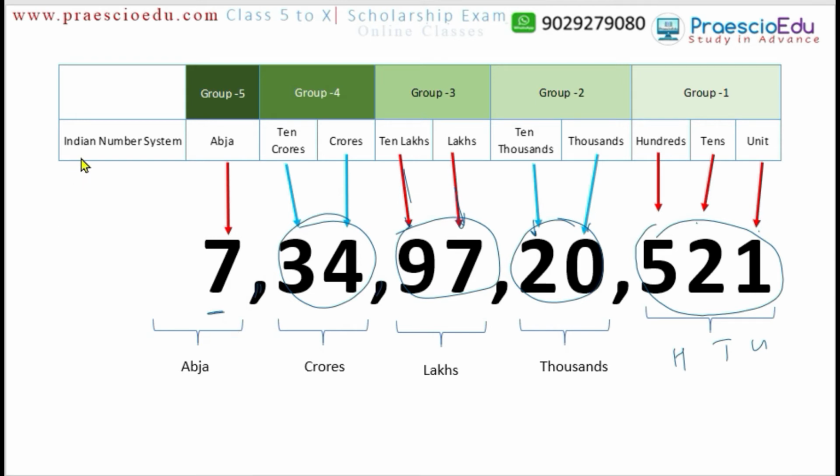So this is the Indian number system. Whatever I am talking about is the Indian number system. Later on there are international number systems also, but right now in this chapter we are concentrating on the Indian number system.